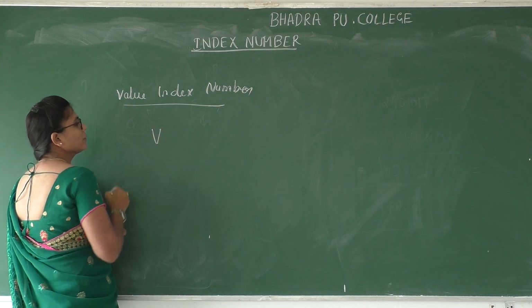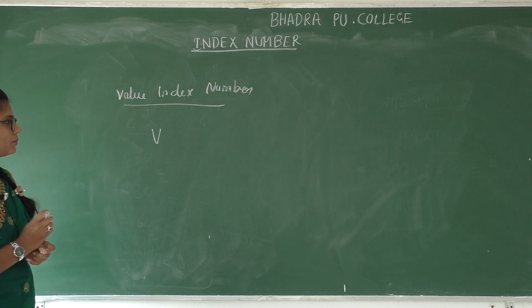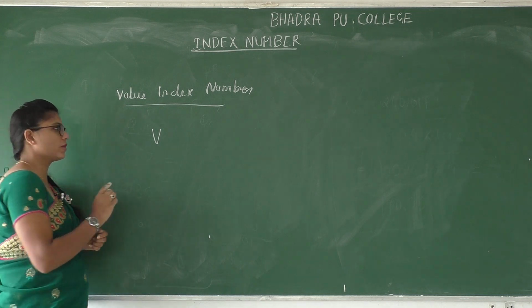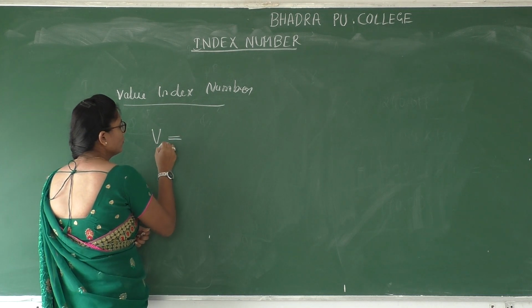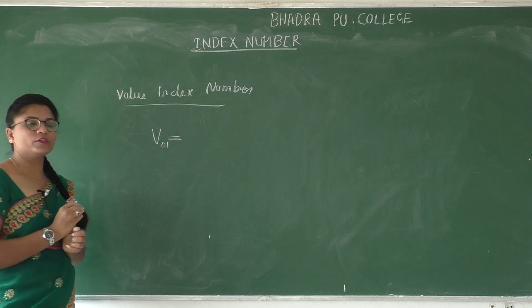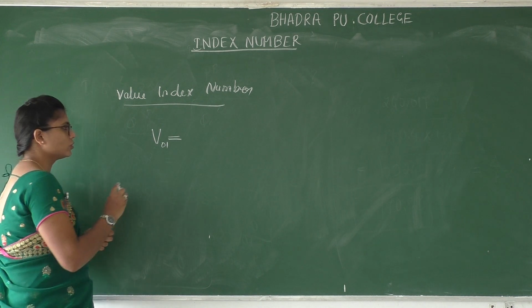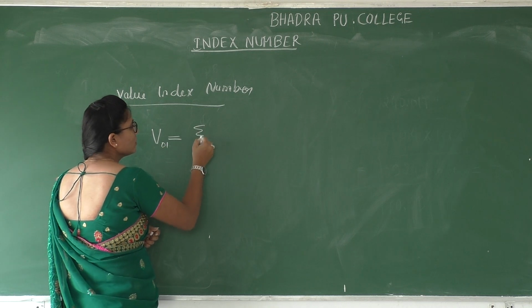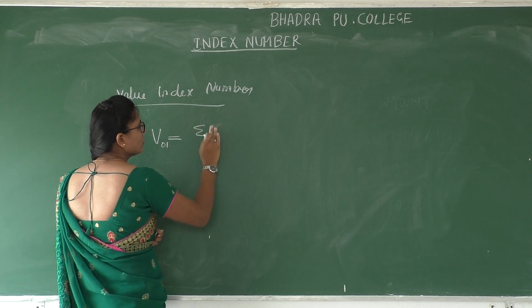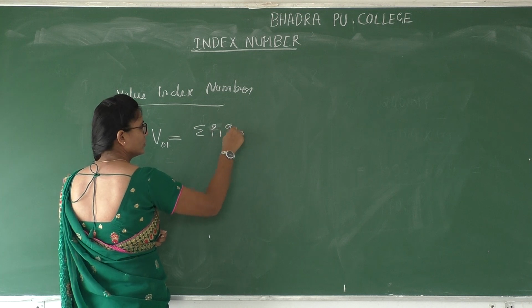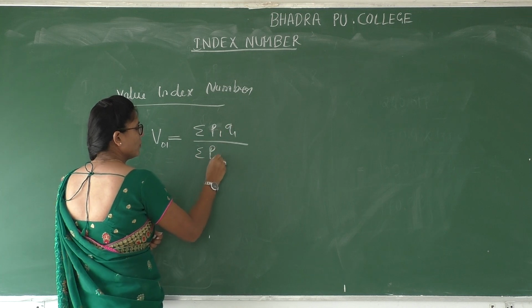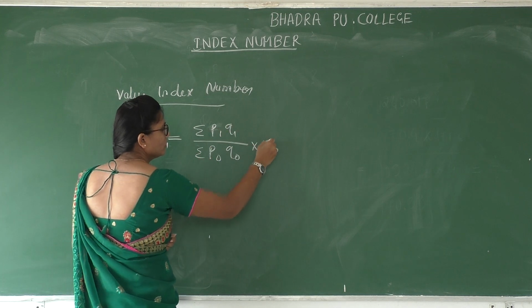We denote value index number by V. V01 means with respect to the base year and current year. V01 you can write in 2 formats. First, sum of P1Q1 divided by sum of P0Q0 into 100.